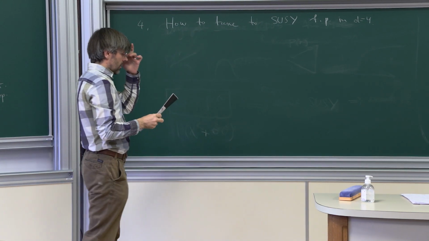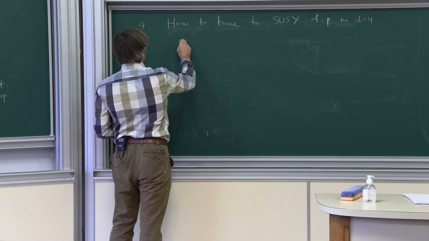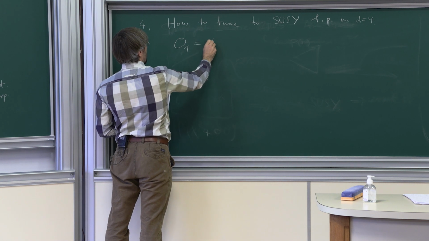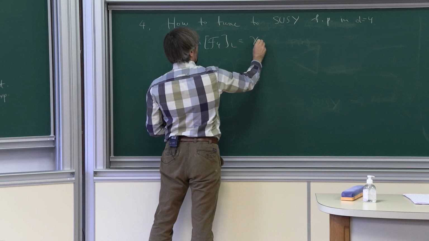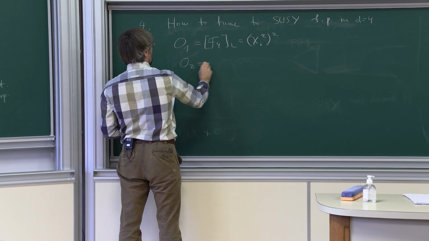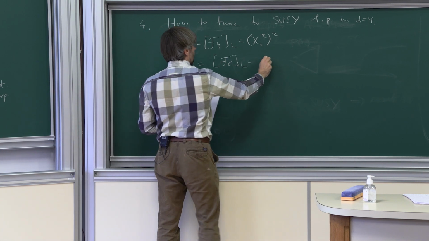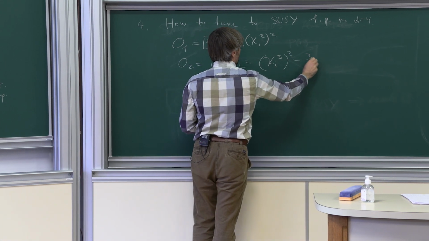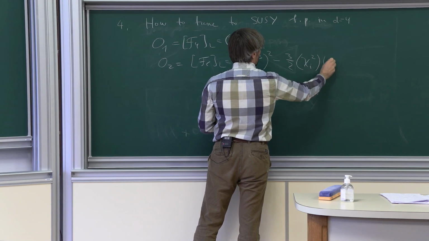So remember that we identified two operators which become relevant. So one is the leader of F4, which is chi² squared, and another which is the leader of F6, which is chi³ squared minus 3/2 chi² chi to the 4th.